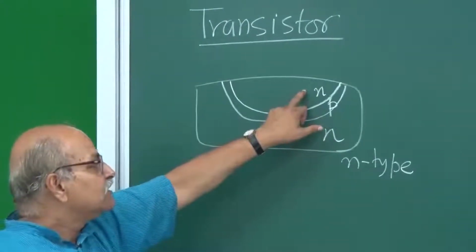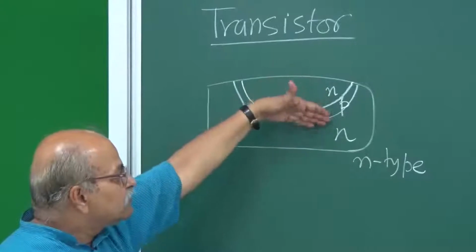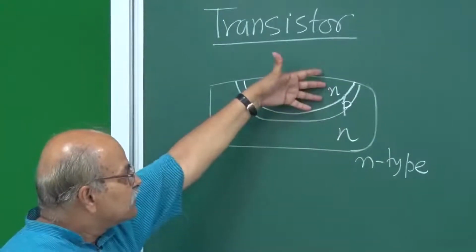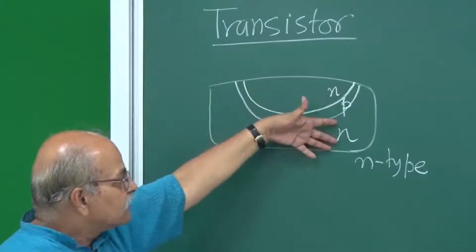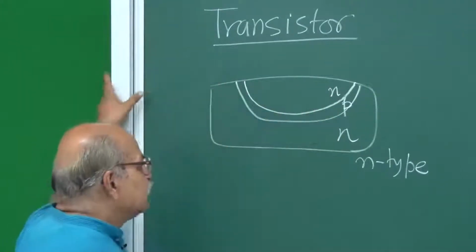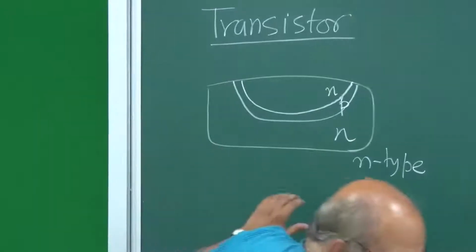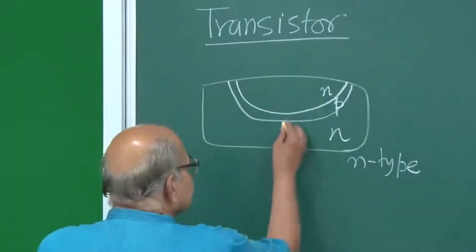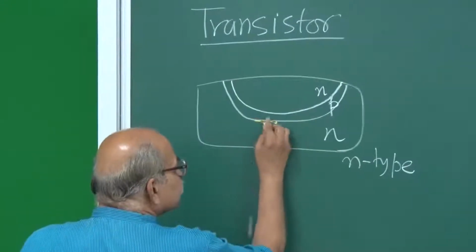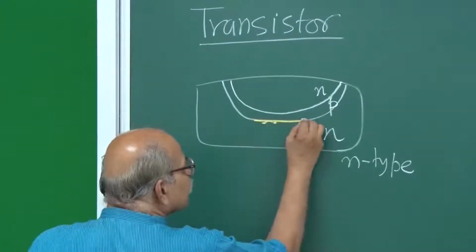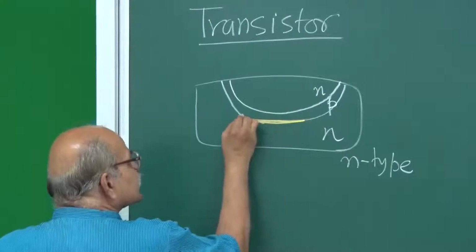So, now I have three kinds of impurity distributions: the donor impurities here, acceptor impurities here, and again donor impurities here, and here are two junctions. This is one junction.